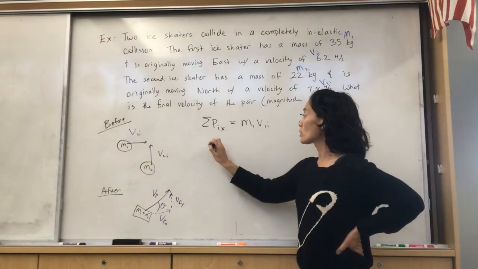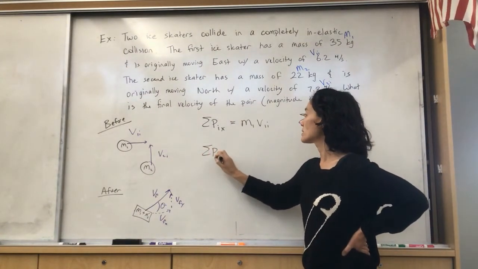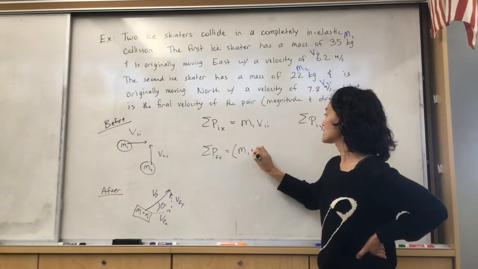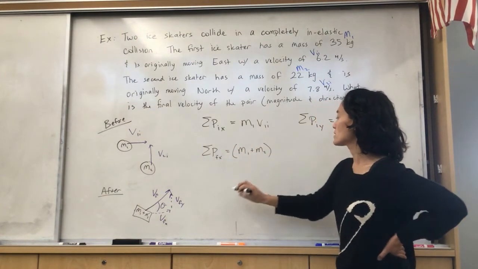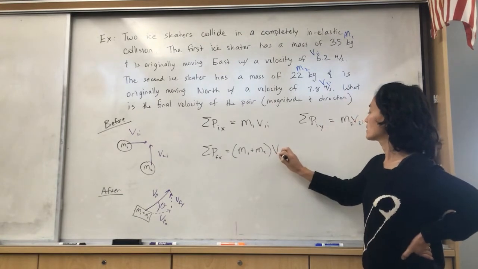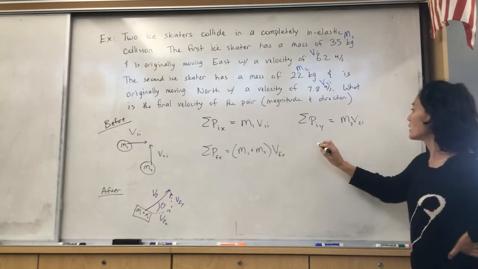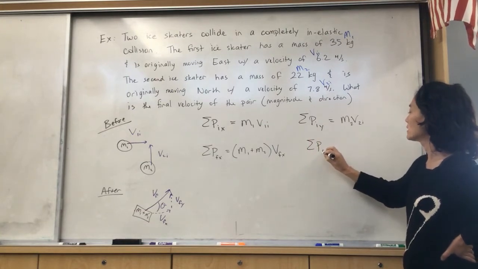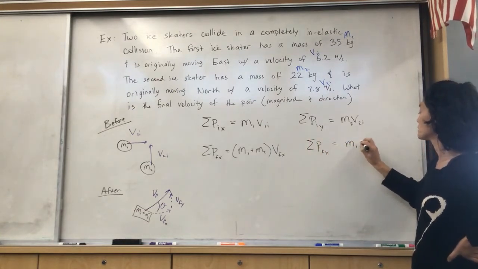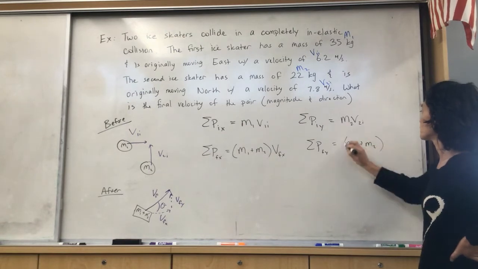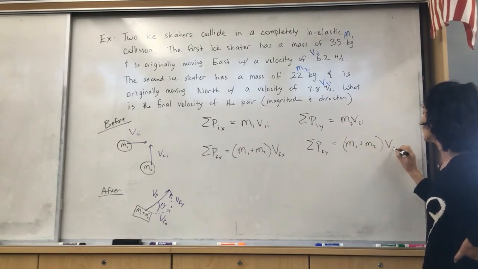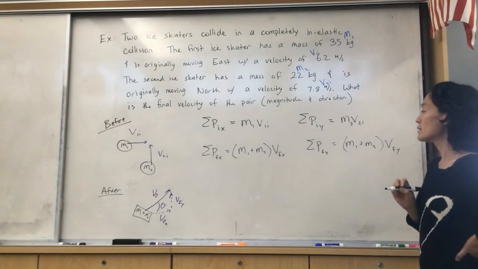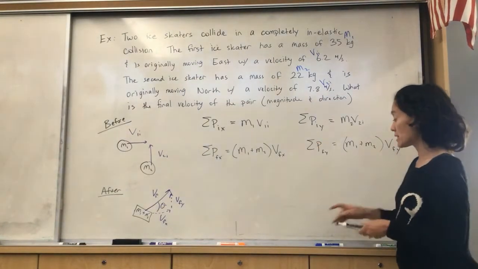And then afterwards, my final momentum in the x direction is this combined mass times this v final x. And in the y direction, afterwards, this is going to be my combined mass times v final y, okay? And so I can set these equal to each other, right?